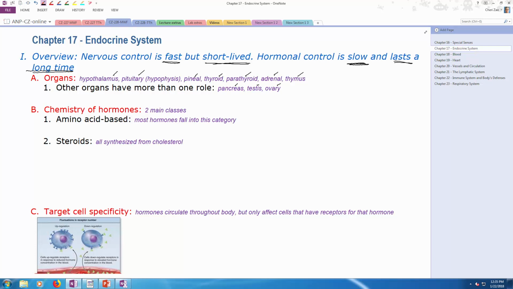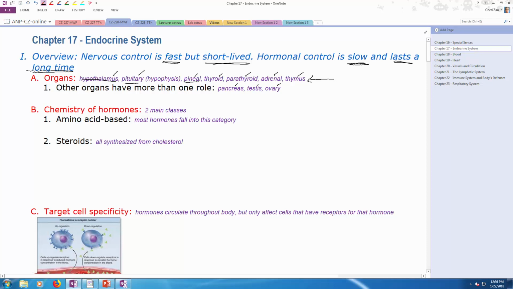In this top list here, before we get into the one below that, what other functions occur with 3 of these organs specifically? This guy here, this guy here, and this guy here. What do you associate those guys with?